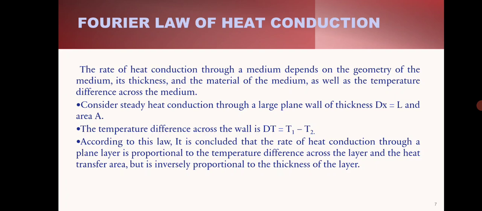Consider steady state heat conduction through a large plane wall of thickness dx equal to L and area A. The temperature difference across the wall is dT equal to T1 minus T2. According to this law, it is concluded that the rate of heat conduction through a plane layer is proportional to the temperature difference across the layer and the heat transfer area, but is inversely proportional to the thickness of the layer.